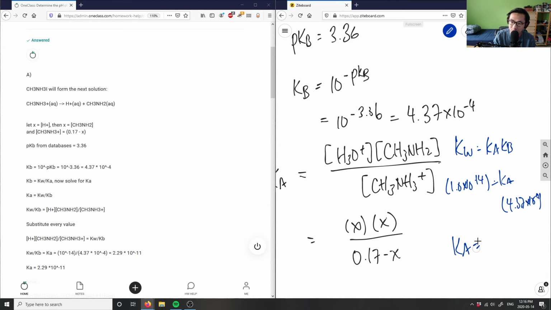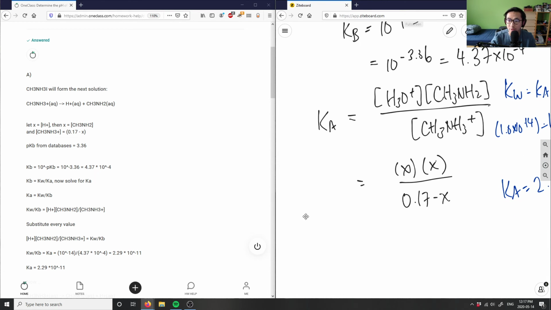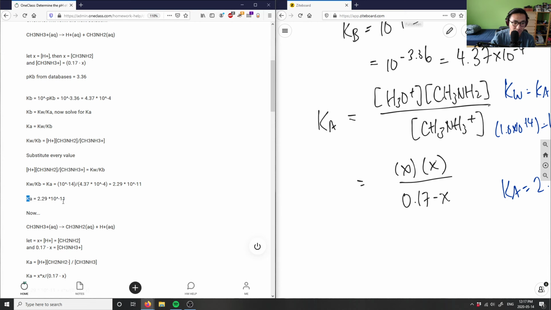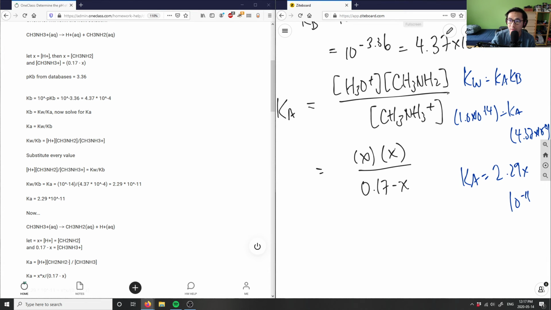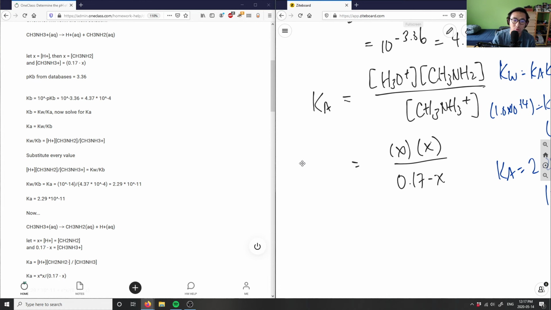So Ka is 1 times 10 to the negative 14 divided by 4.37 times 10 to the negative 4. Doing that on my calculator, I get a value of 2.29 times 10 to the negative 11. And this is going to be my Ka. As you can see, they did the exact same thing for Ka here, which is great. So my Ka is 2.29 times 10 to the negative 11.